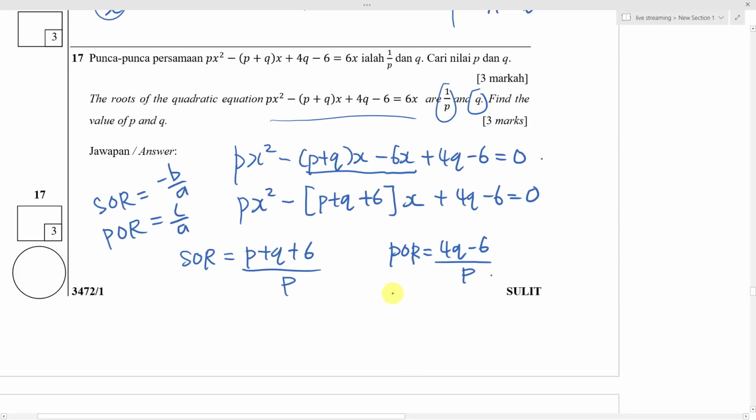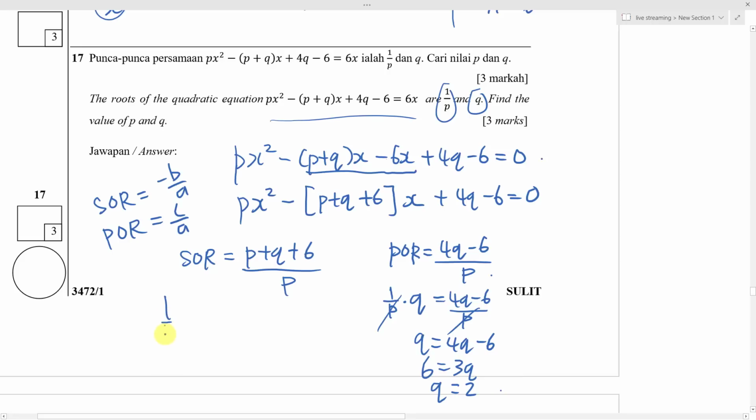Let's do it again. So 1 over p multiplied by q equals 4q minus 6. So over p, nice. I can cancel the p on both sides. Q equals 4q minus 6. So 3q equals 6, q equals 2. Nice.